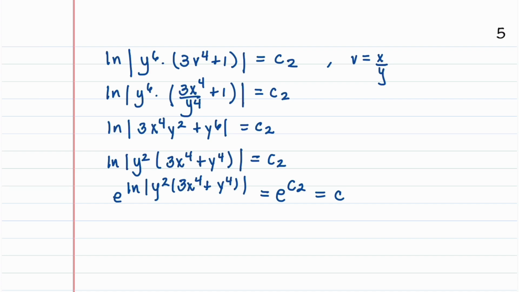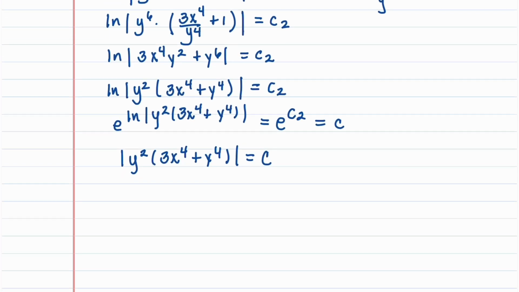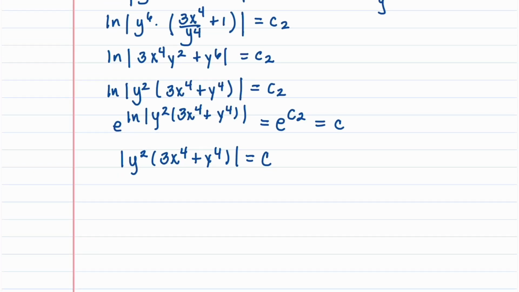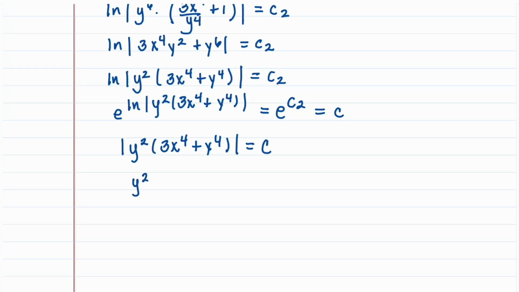On the left-hand side, we then get absolute value y squared times (3x to the fourth plus y to the fourth) is equal to c. And then notice on the left-hand side, every term is raised to an even power, so we can drop the absolute value, and we get y squared times (3x to the fourth plus y to the fourth) is equal to c. And that's our final solution.